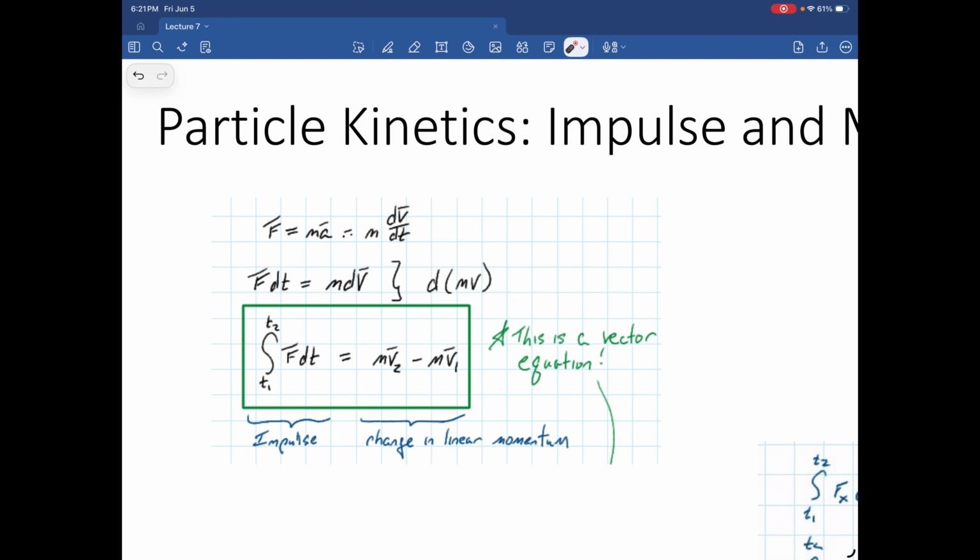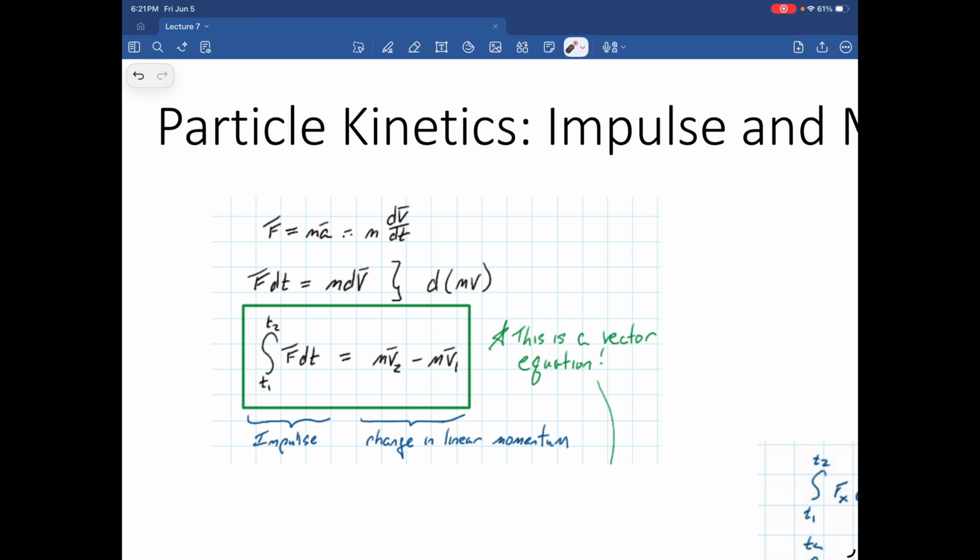And a lot of times what we do is we assume the mass doesn't change, so we can take the derivative, just the differential of the term mv. If I integrate both sides, just integrating d(mv), I'm just going to get mv back. But on the left-hand side, I don't know how the force term will vary as a function of time.